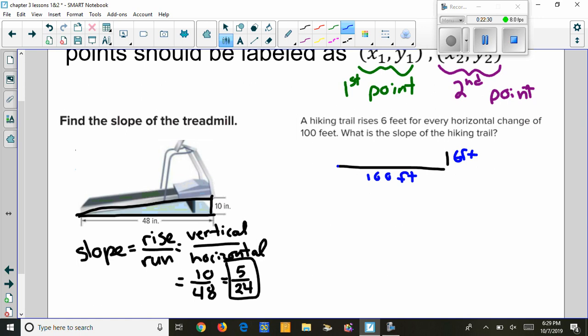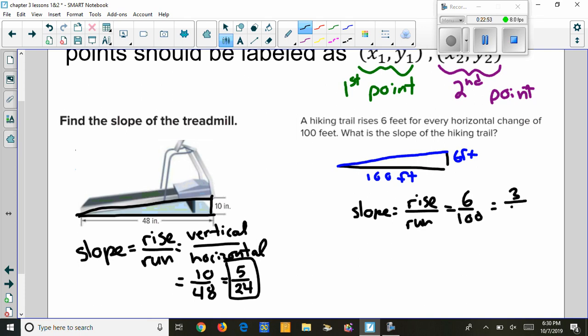And we're going to find the slope. Well, slope, or rise over run, equals 6 over 100, or reduce your fraction to 3 over 50.